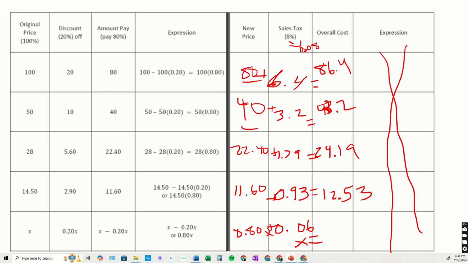And the last one is going to be 0.8 plus 0.06, which is 0.86, and then it's an x because these are all x's. Okay. And we are off to problem set.